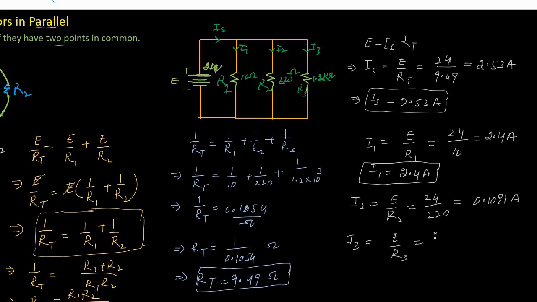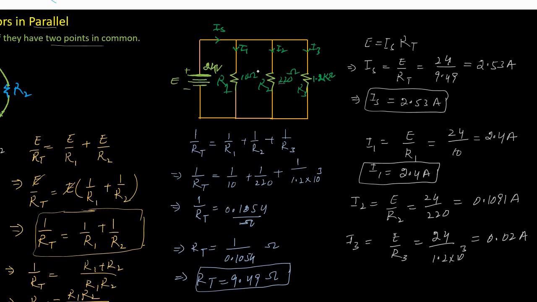E is 24 volts divided by R3, which is 1.2K. So the resulting current through this branch is 0.02 amperes.